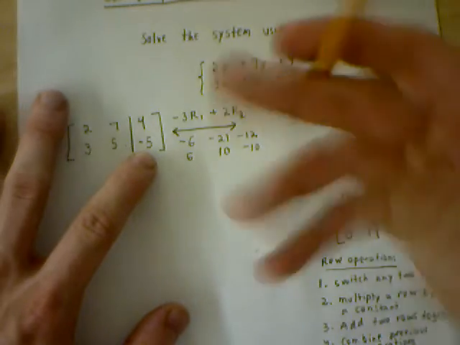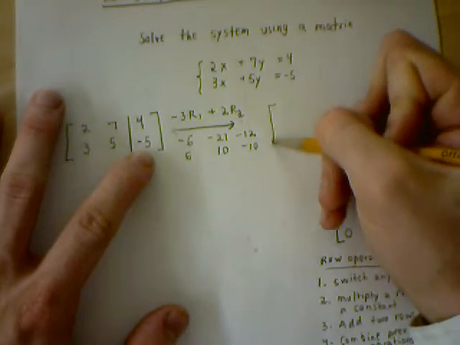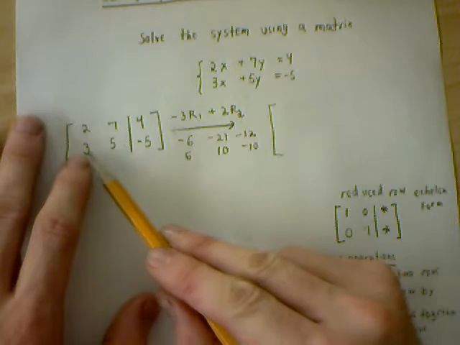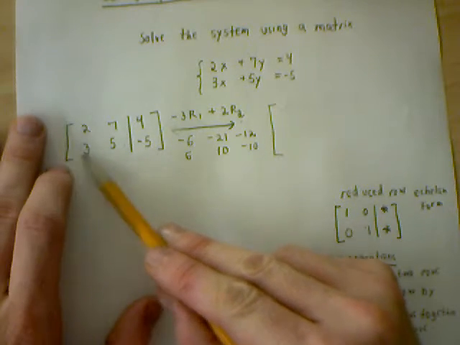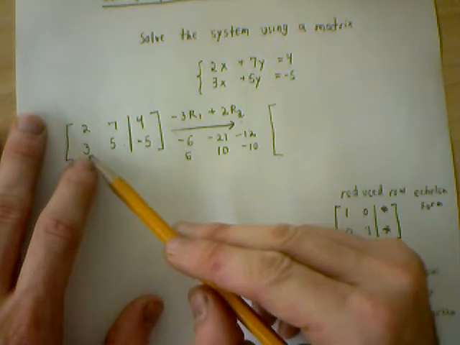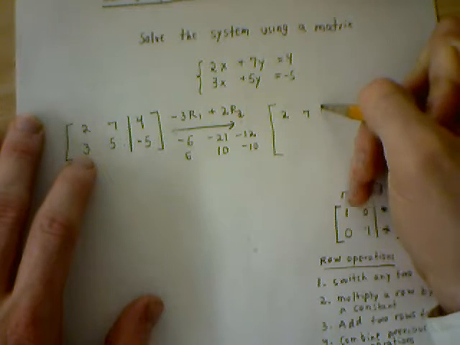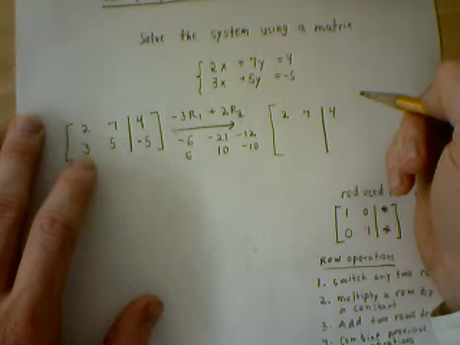Let's go ahead now and add them together. And I'm going to replace row 2 because I want this element of our matrix to be 0. So let's keep our first row, 2, 7, 4.